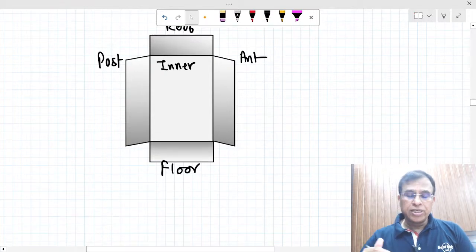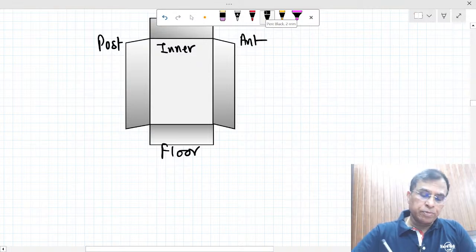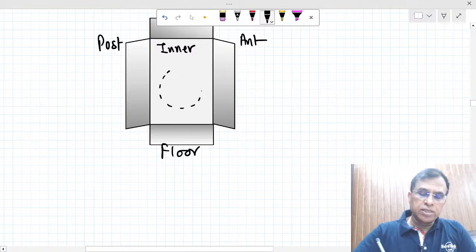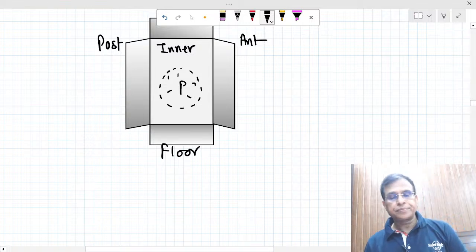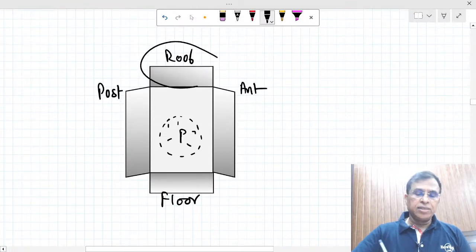We also know that this inner wall has a bulge called the promontory, and in this diagram I draw the promontory like this. So this is your bulge right in the center, and this is supposed to be your P for promontory, right?